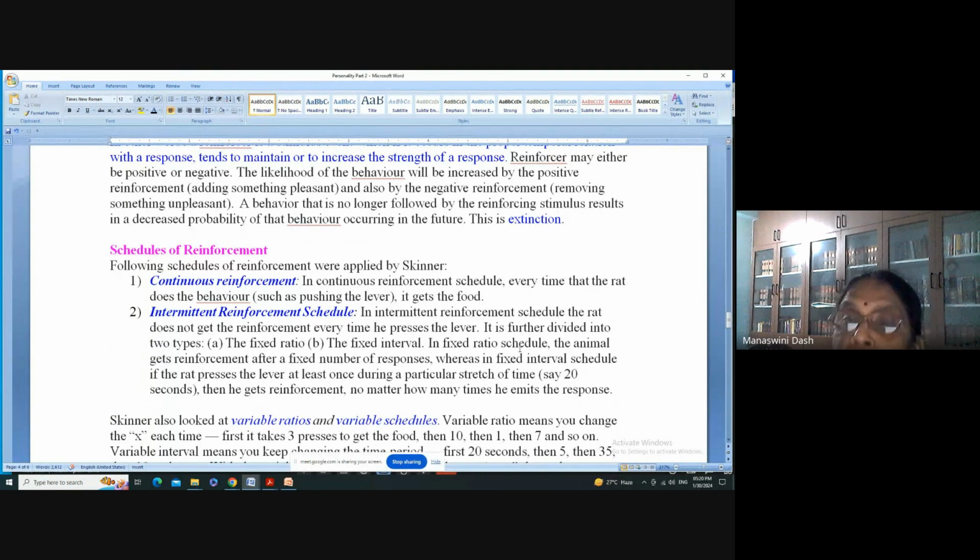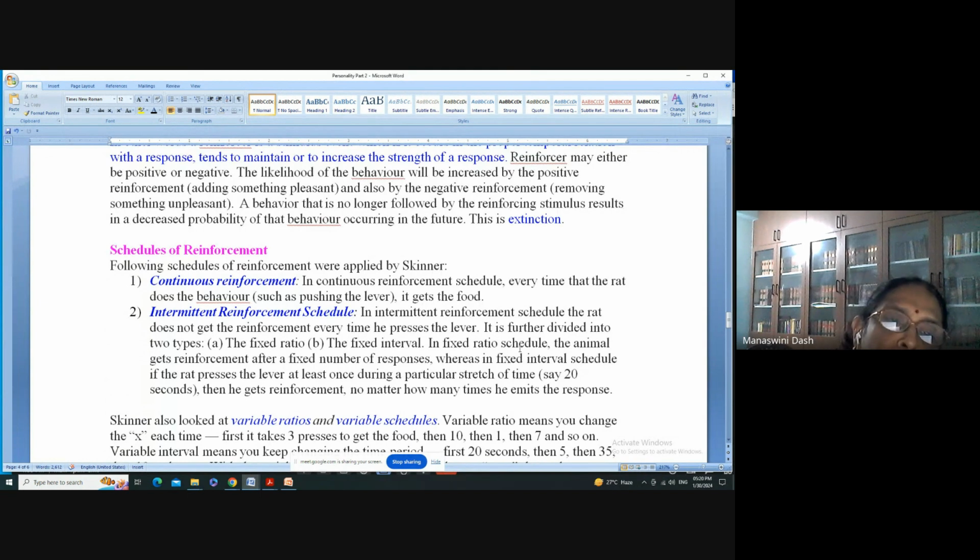Skinner tried to see how the animal behaves when reinforcement is not given each time the animal shows that particular behavior.